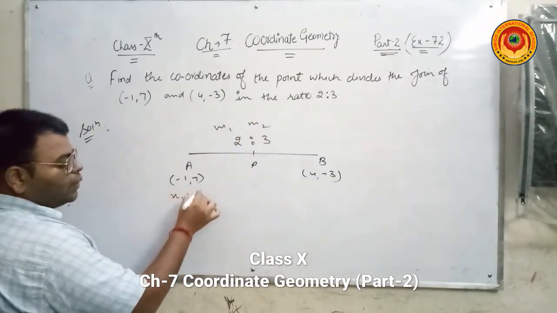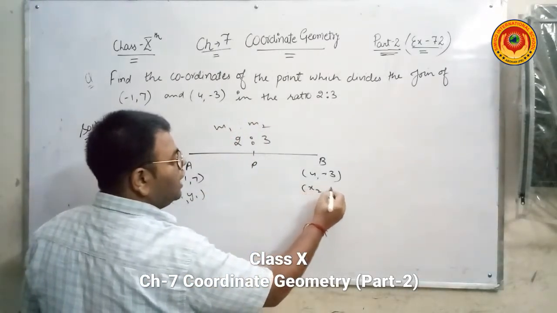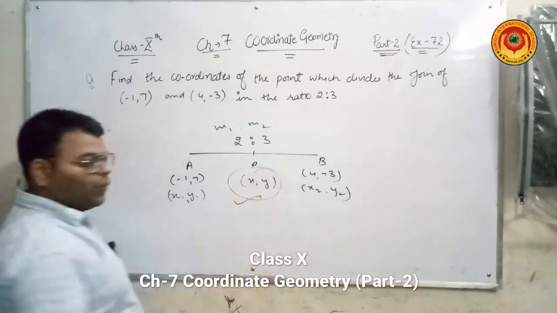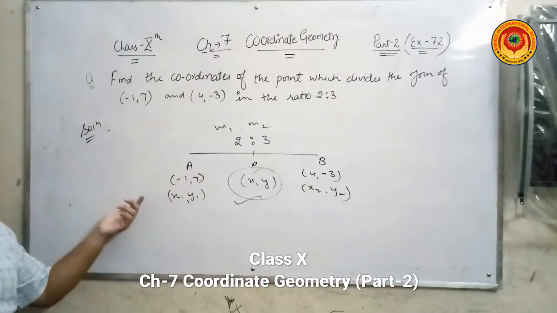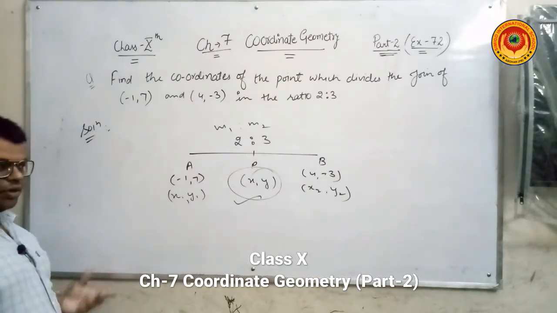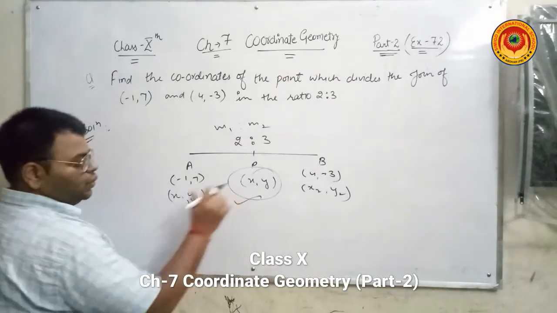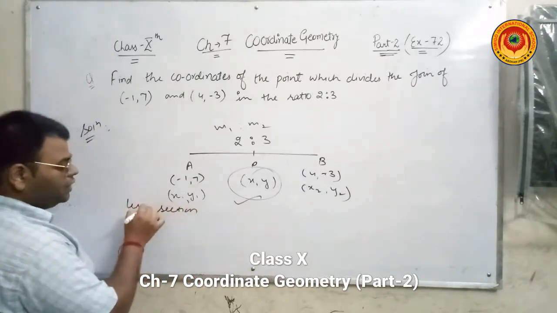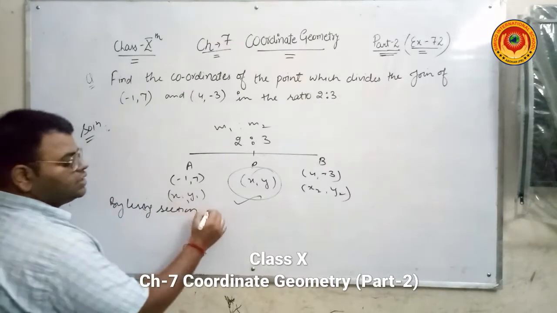This is your x1, y1, this is your x2, y2, and you have to find x comma y. Is it clear how we can use the formula we discussed before? So use the section formula.